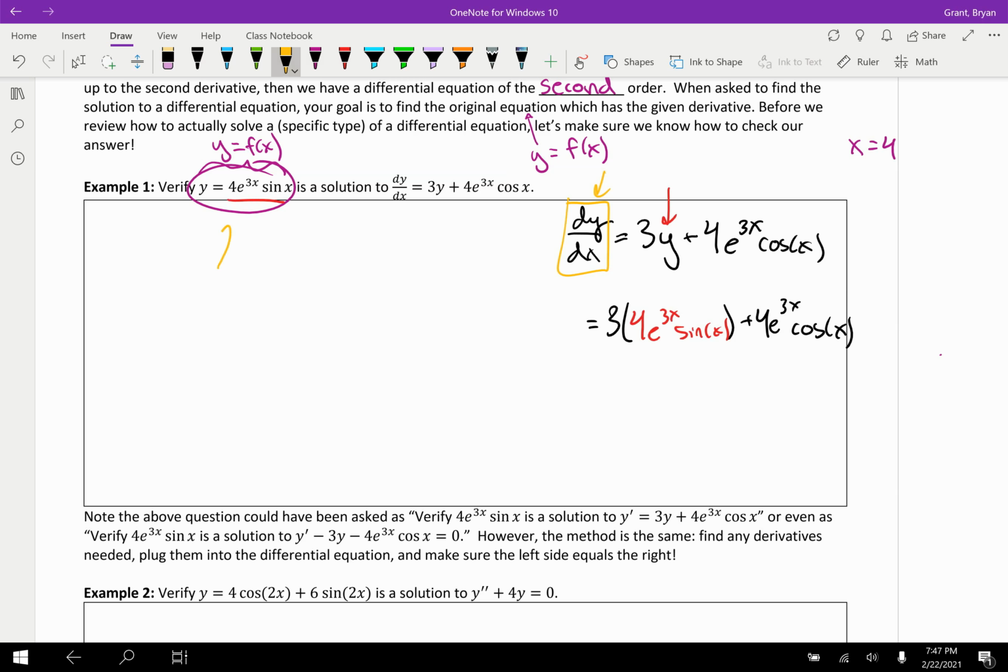Well, if this is my solution, then couldn't we use the solution and create dy dx? Okay, so to do that, we find the derivative. We find d dx of the left side and d dx of the right side of this original equation. Y equals 4e to the 3x times sine of x.